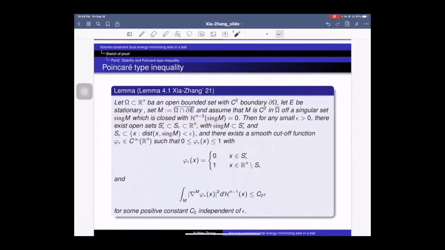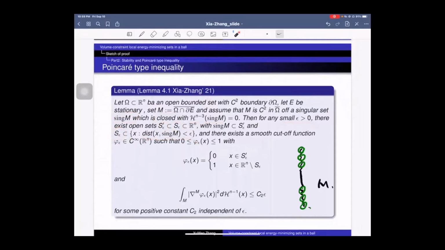And we can prove that for any small epsilon, there exist some open sets S prime epsilon and S epsilon in Rn, such that, for example, if this is singular M, if this is M, then the singular part of M can be covered by the small region S prime epsilon, and the bigger region S epsilon is contained in the epsilon neighborhood of the singular part of M.